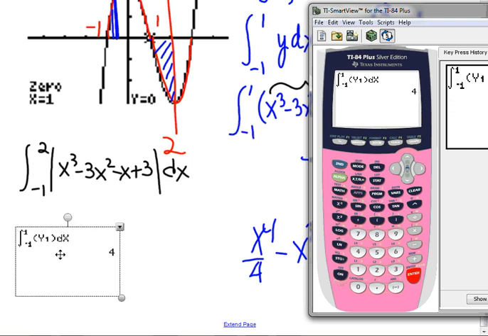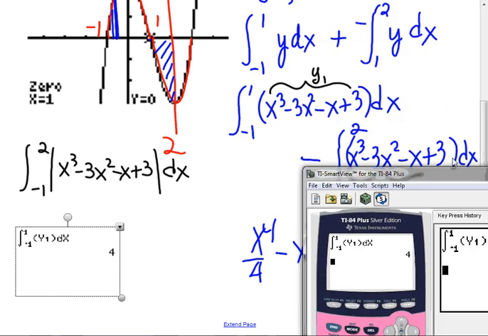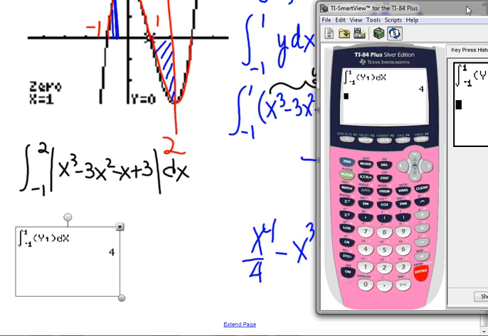And then what do we have to do? We have to integrate the negative of that from where to where? 1 to 2, right? If you have to do this, you would go second, enter. Now it lets me go back. Actually, I prefer to do that than going back. That was a 2, right?